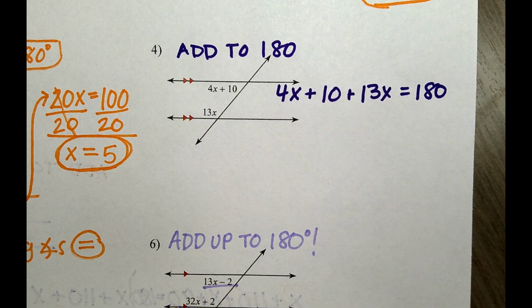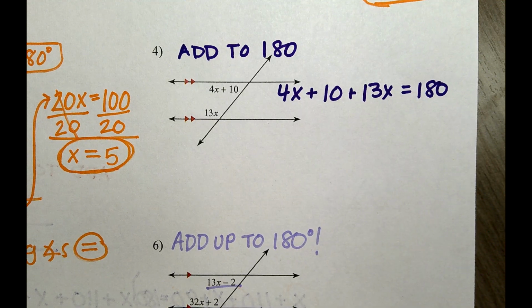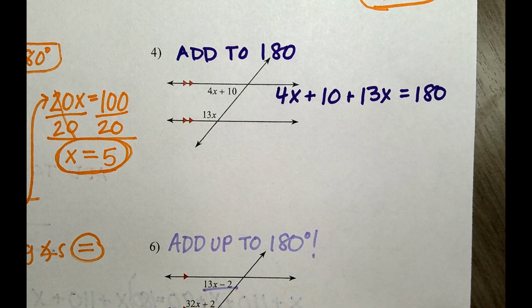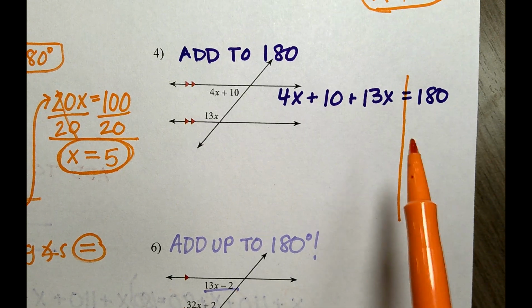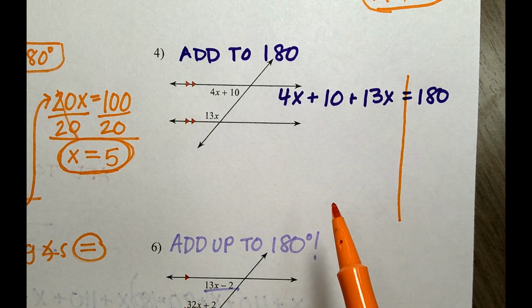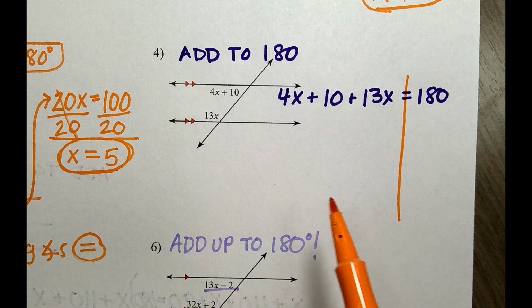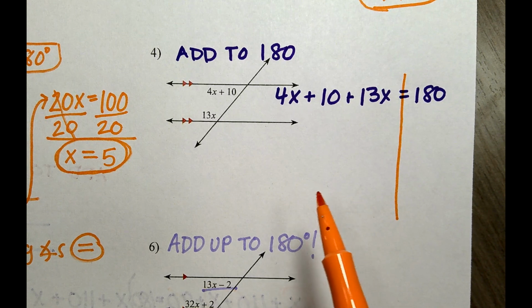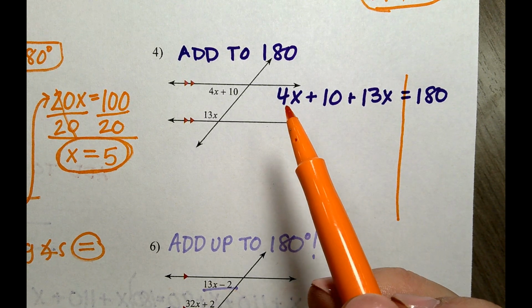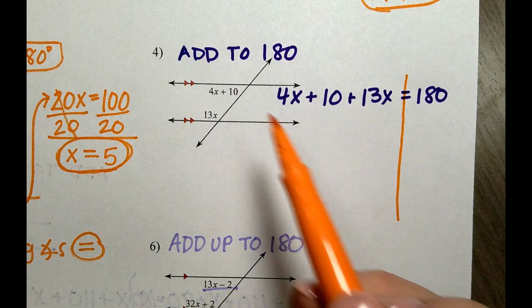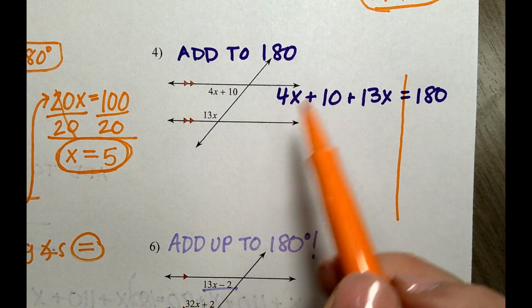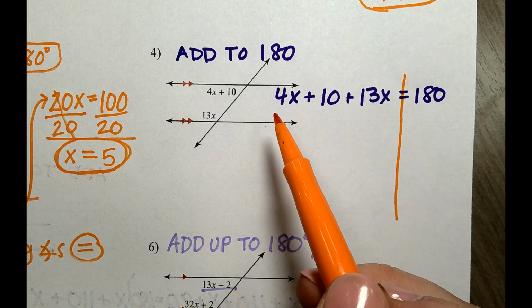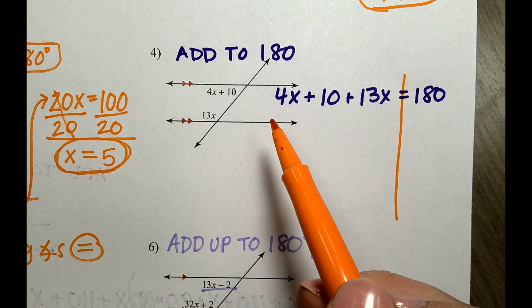What did you do next? Yeah, that would make it a little trickier. Subtracted 4x. Okay, so if you subtracted 4x, did you also subtract 4x somewhere else?